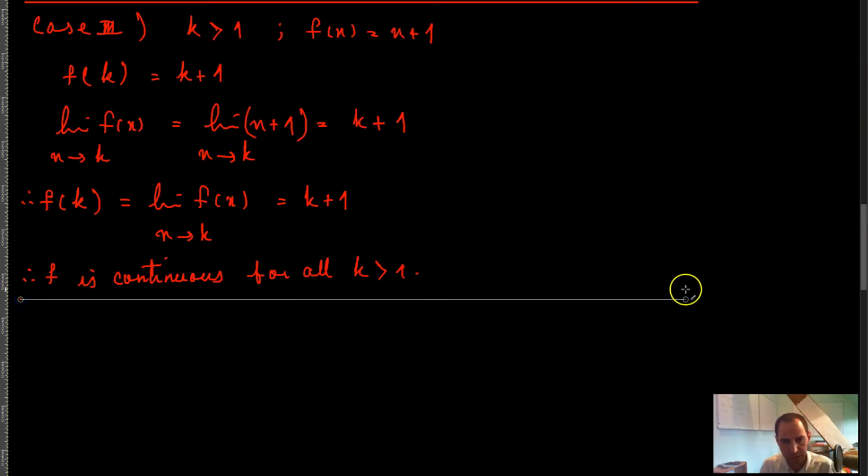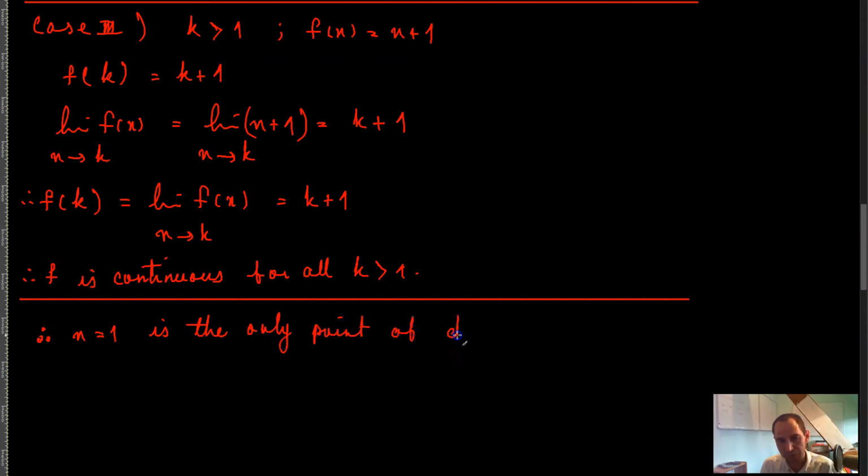And so you can say that x is equal to 1 is the only point of discontinuity of f. That was question number 10, I suppose, right?